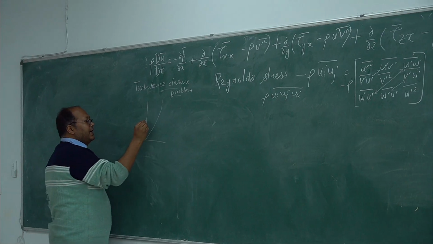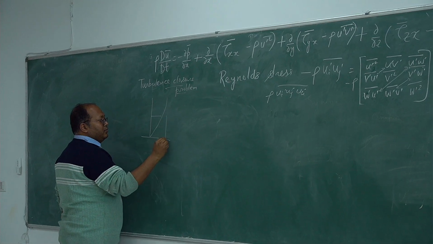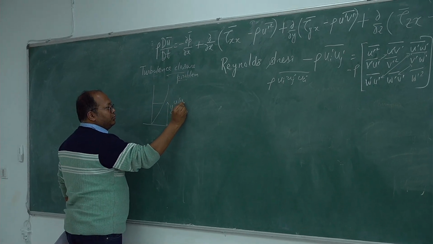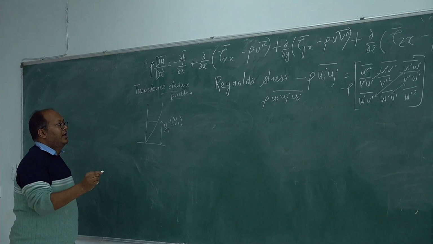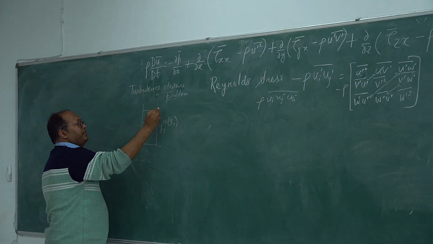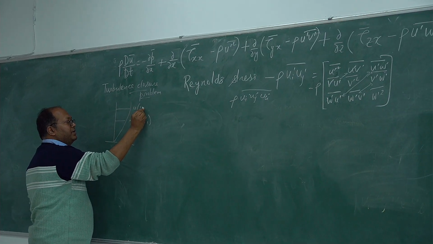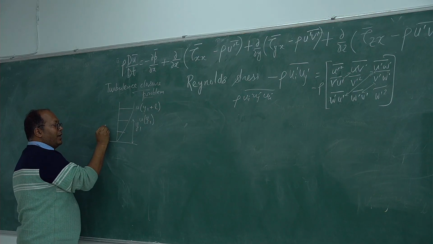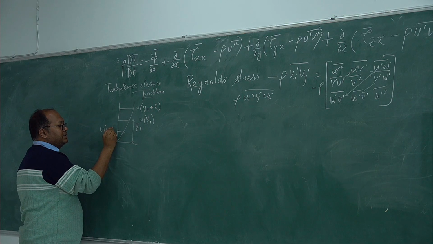So let's say at a given height y1, this is u(y1), a little higher height u(y1 plus l), and a little lower height u(y1 minus l).